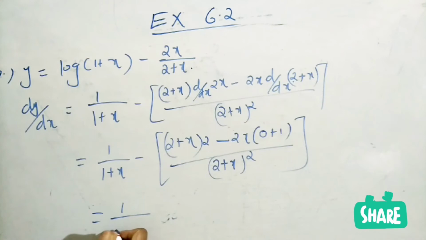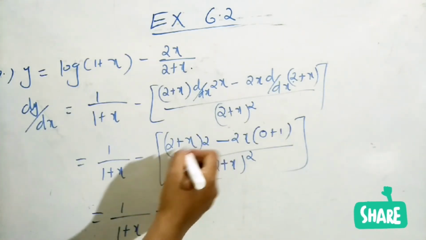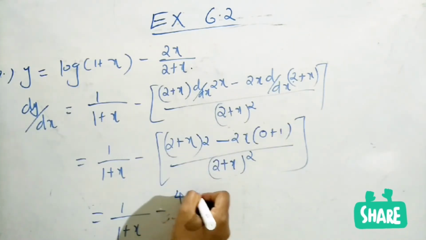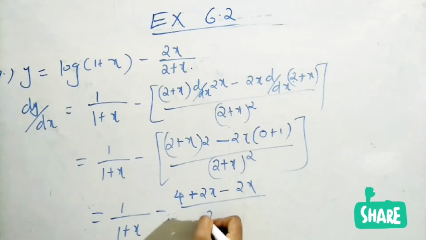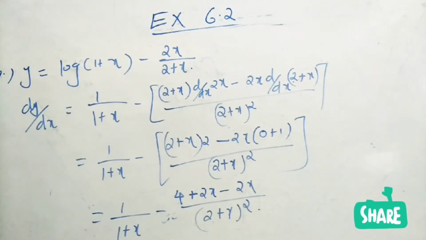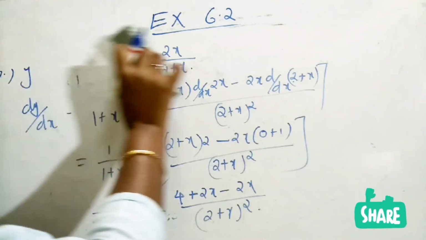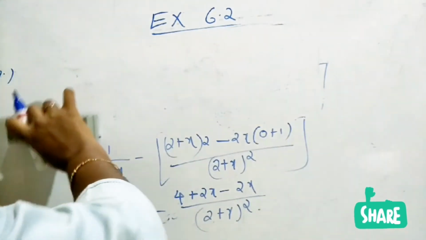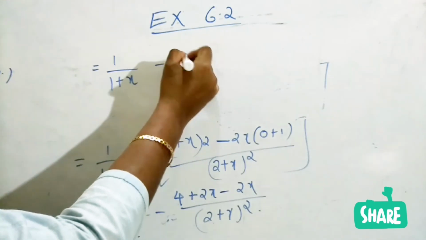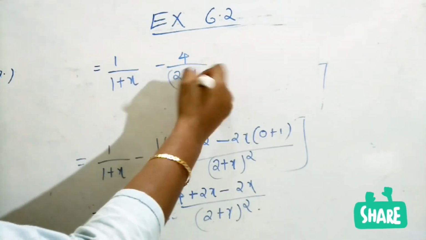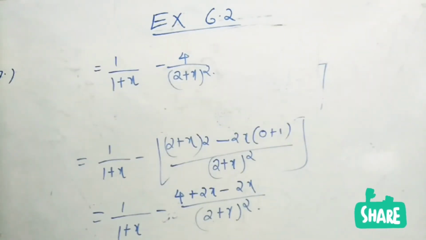And this is equal to 1 divided by 1 plus x minus 4 plus 2x minus 2x all divided by 2 plus x all square. The 2x and minus 2x get cancelled, and we will get the derivative equal to 1 divided by 1 plus x minus 4 divided by 2 plus x all square.